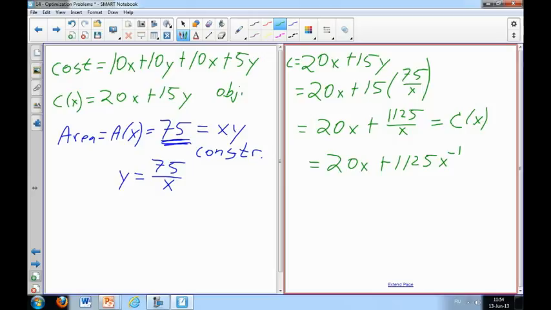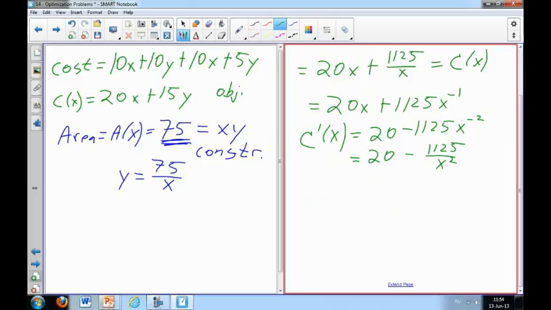Now, the first derivative then is going to be 20, oops, not plus, it's going to be minus 1 times 1125, x to the minus 2. Now, to be able to use this, we're going to want to convert this to minus 1125 over x squared.